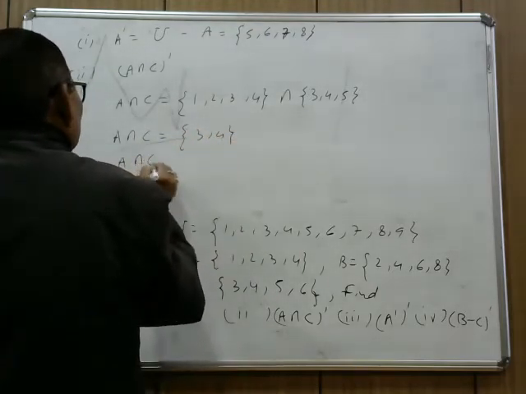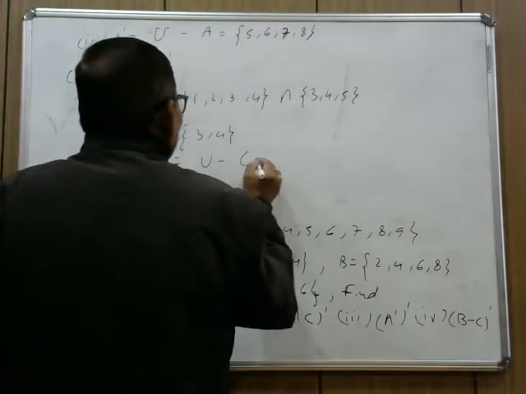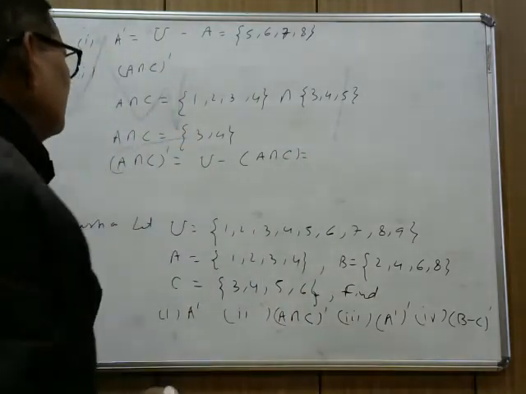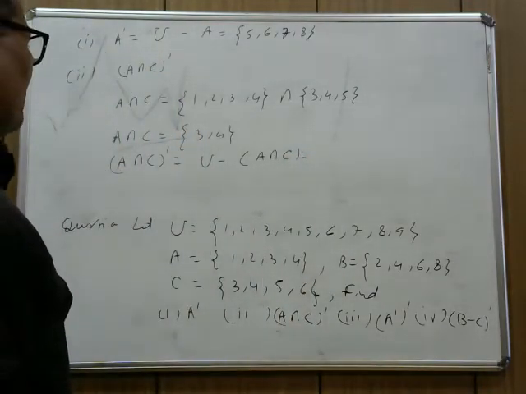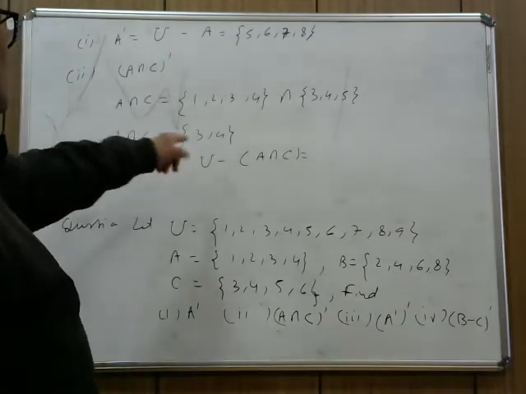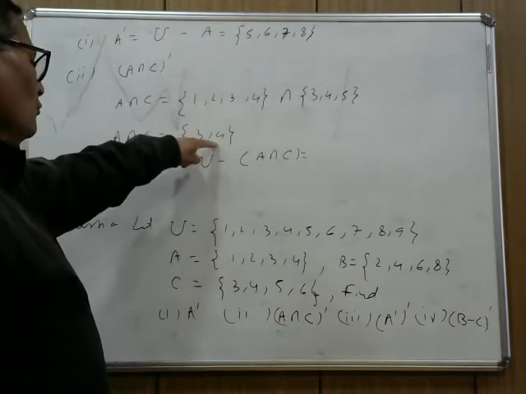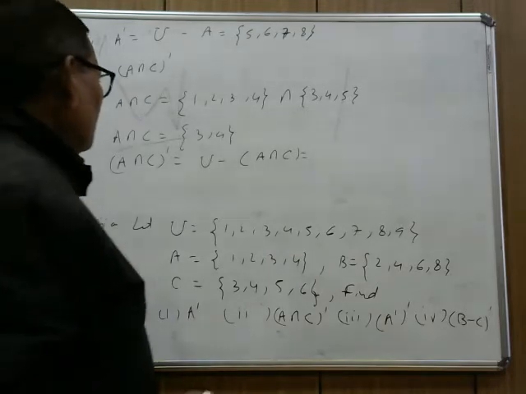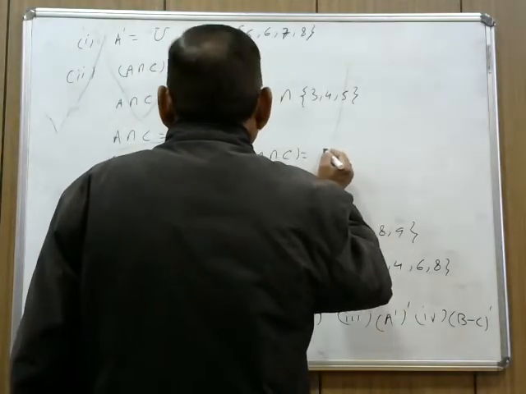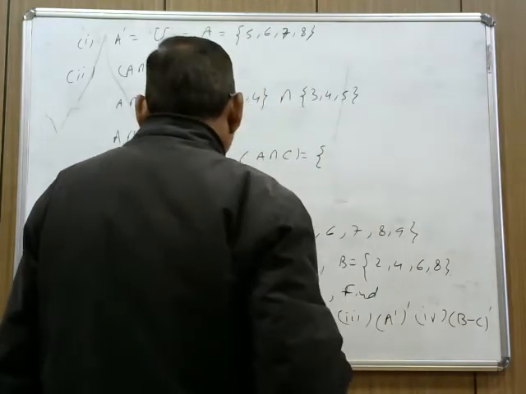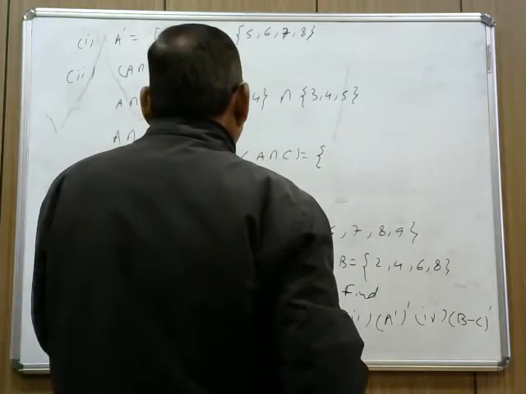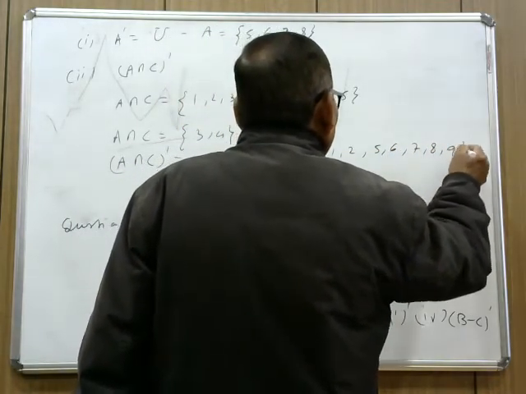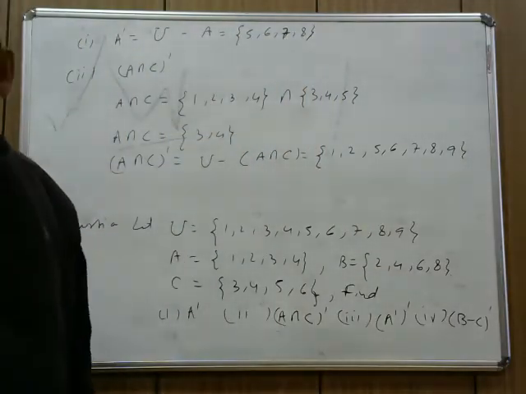Now A intersection C complement is equal to U minus A intersection C. Those members of the universal set which are not members of A intersection C. In A intersection C there are the elements 3, 4. You take them out from the universal set. So the remaining are the elements of A intersection C complement. So in this way your elements are 1, 2, 5, 6, 7, 8, 9. These are the members of A intersection C complement.